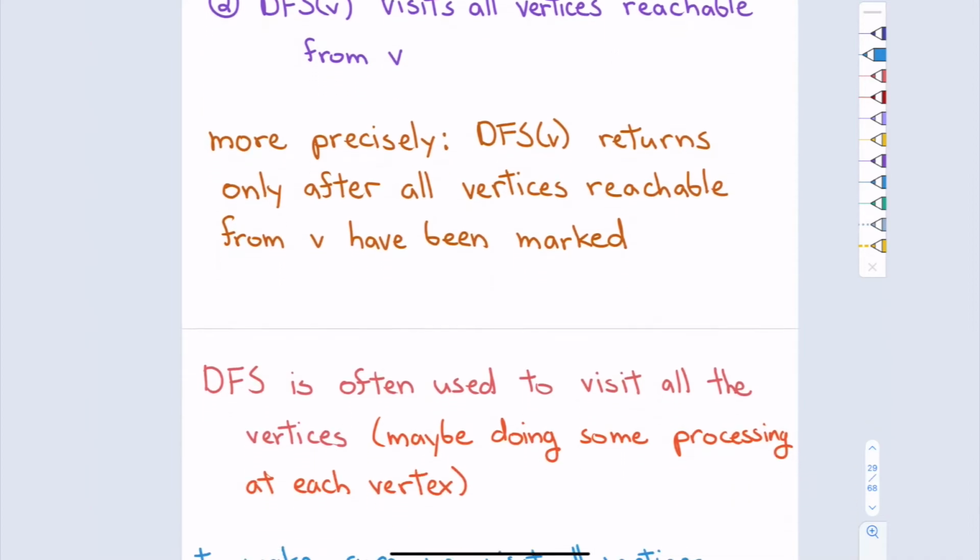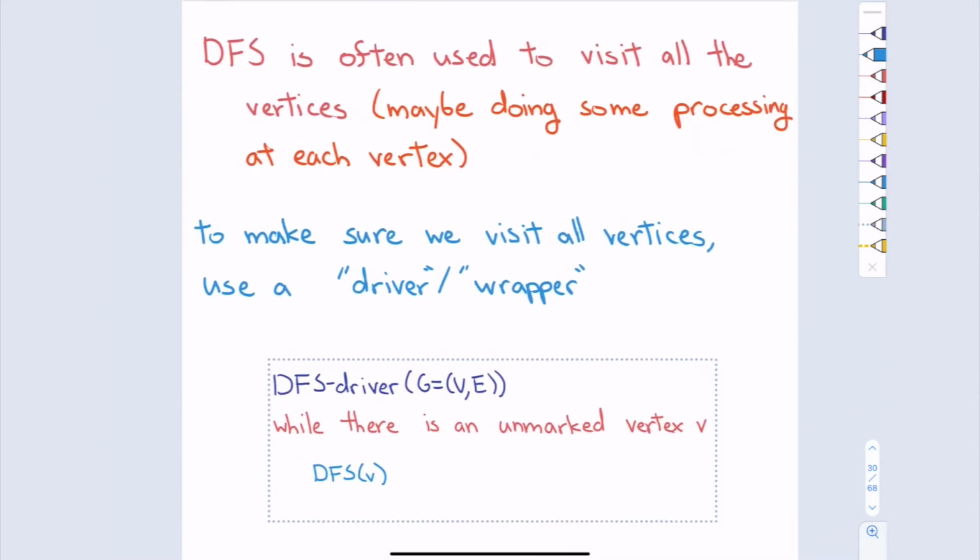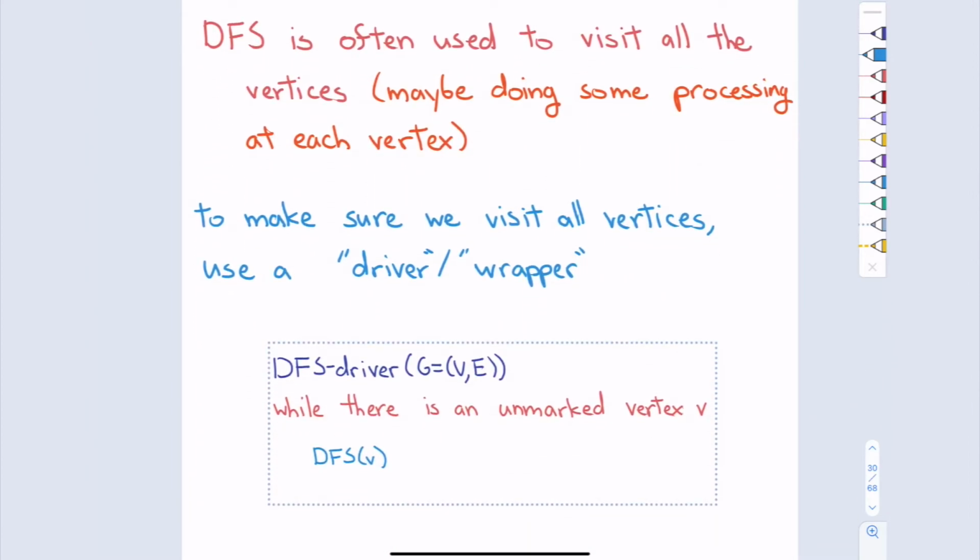All right. So just one additional comment. It's often the case that I want to loop through and do something to every vertex in the graph. That's very common. But maybe the graph is given to you as an adjacency list kind of representation. In any case, if I call DFS from V, I'll only visit the vertices reachable from V. Sometimes it's desirable to make sure you reach everyone anyway.